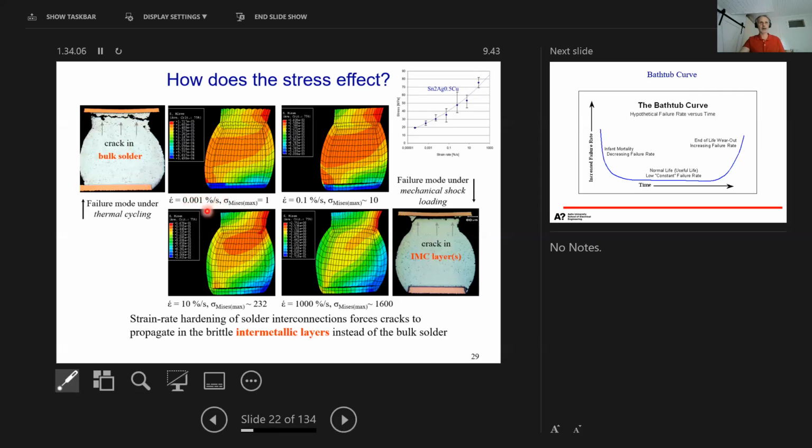So it takes, let's say, 100,000 seconds to increase the length by 100%, so double the length. So this is typical for normal thermal cycling conditions.